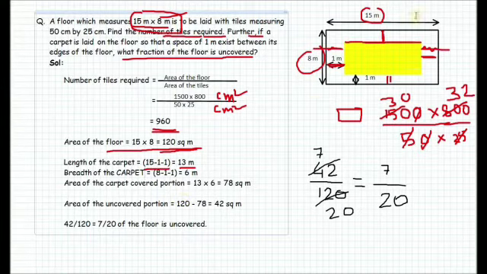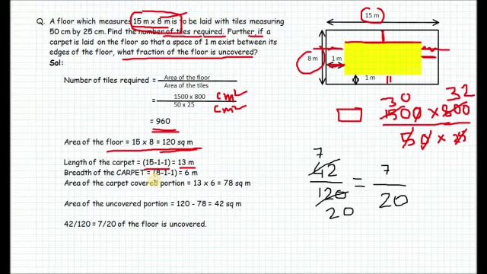Breadth of the carpet is 8 minus 2. In that same way, this is the breadth, right? If you subtract this one and this one from the total breadth, the total breadth was 8 meter. So 1 meter has gone, 1 meter has gone. So 8 minus 2, that is 6 meter, is the breadth of the carpet.